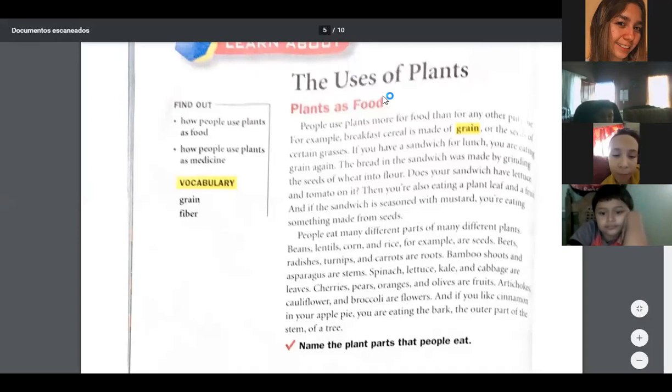Oh, sorry, what is grain and what is fiber? We have the vocabulary words here. So now I'm going to show you on the screen what is grain and what is fiber. I'm going to show you a picture of each one of them.